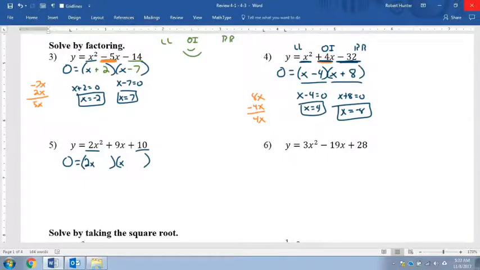I'm going to try 2 times 5 and just see what happens. My left side will multiply the left, my right side multiplies the right. 2 times 5 is 10x, 2x times 5 is 10x, 2 times x is 2x, well that adds up to 12x, that's not my middle term, that's not a 9. So let's try again.